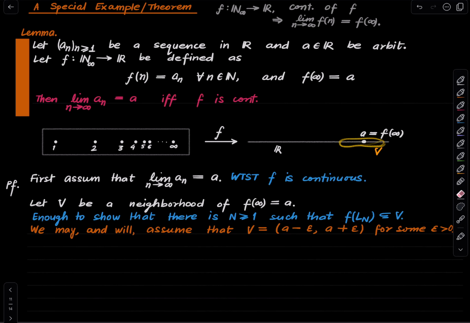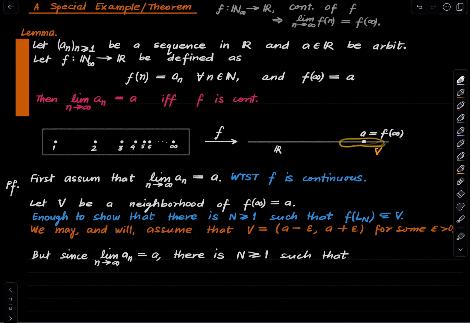But since we are assuming that the sequence converges to A, by definition of convergence, there is some capital N such that whenever little n is at least capital N, we have this distance is less than epsilon. Epsilon is a fixed positive number. So there has to be some capital N beyond which this happens.